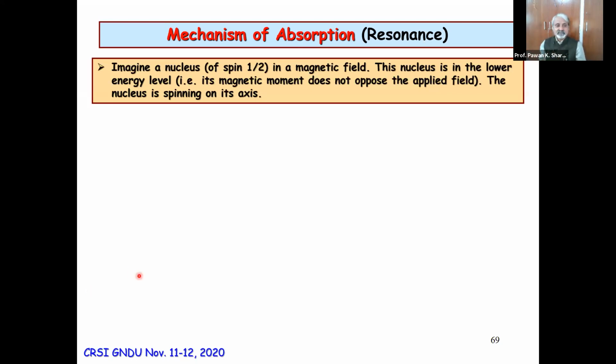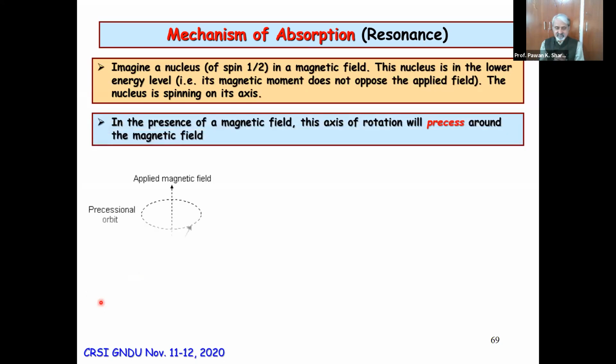So now let's imagine a nucleus of spin half in a magnetic field, and this nucleus is in the lower energy level. That means it is spinning on its axis. In the presence of an external magnetic field, it will not lose its property of spinning, but it would also start precessing around the magnetic field.